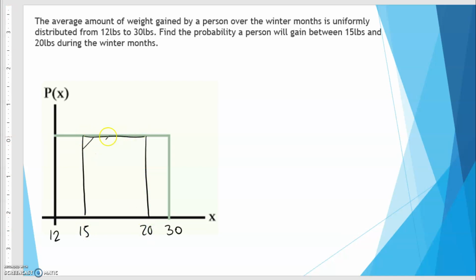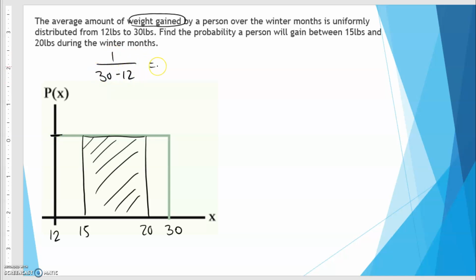So this is the probability or the area, since it's a uniform distribution. To get this height right here, I'll write it over here, 1 over 30 minus 12, which would be the same thing as 1 over 18. So the height is 1 over 18.